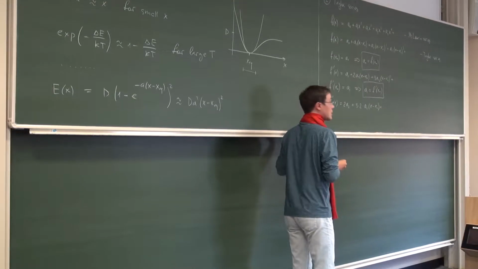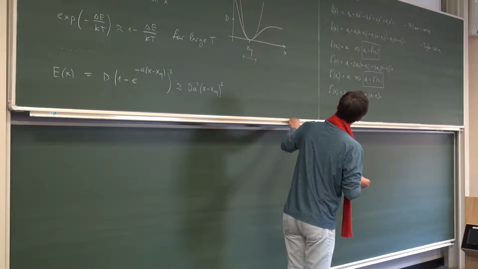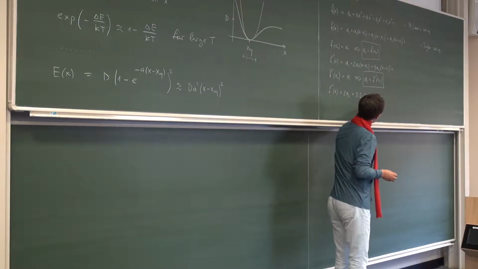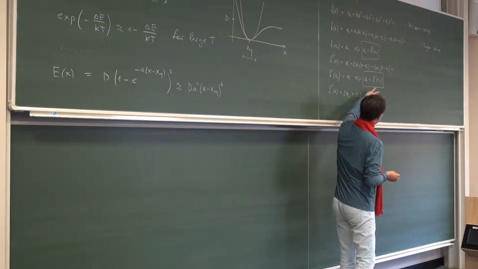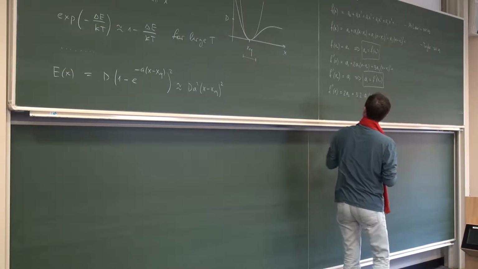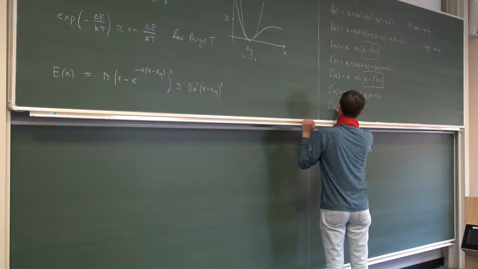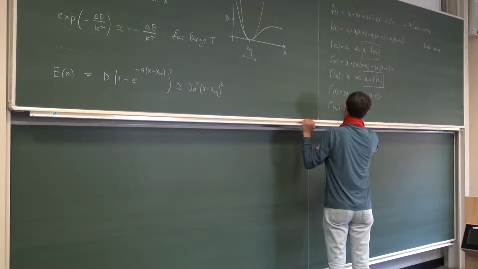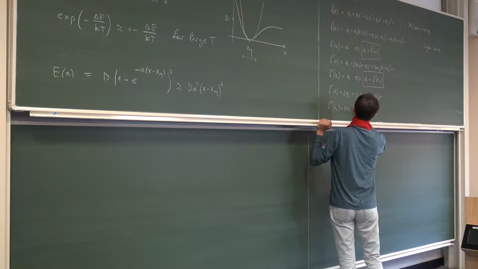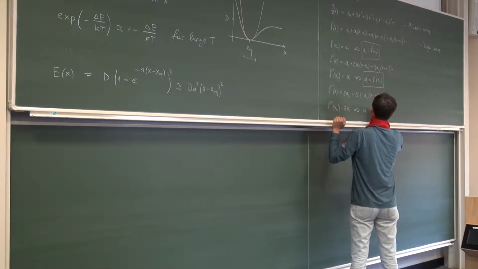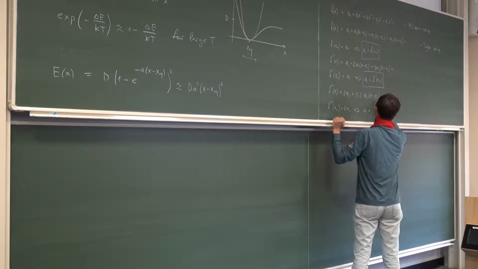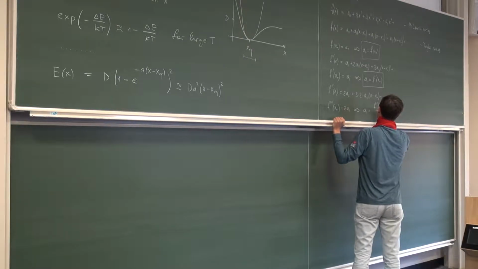Okay, next step in the same procedure. We will put x exactly equal to x0. This and all subsequent terms will go away. f double prime of x0 is 2a2, and therefore a2 is f double prime of x0 over 2.